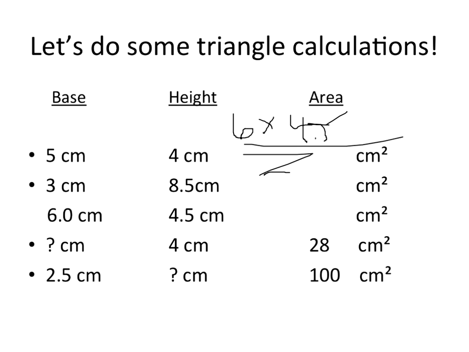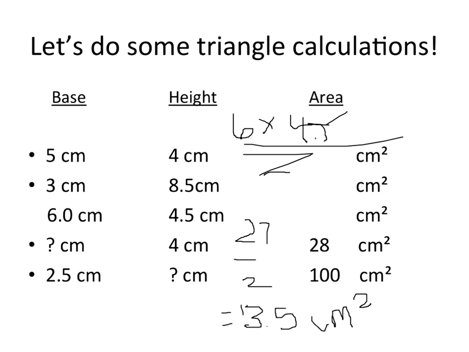So 6 times 4.5, without your calculator, is 27. Divided by 2, that equals 13.5. All right? Doesn't want to type 13.5. And again, what I'm going to put there is centimeters squared.